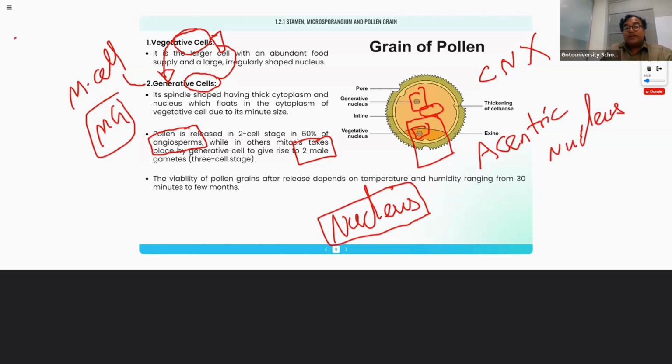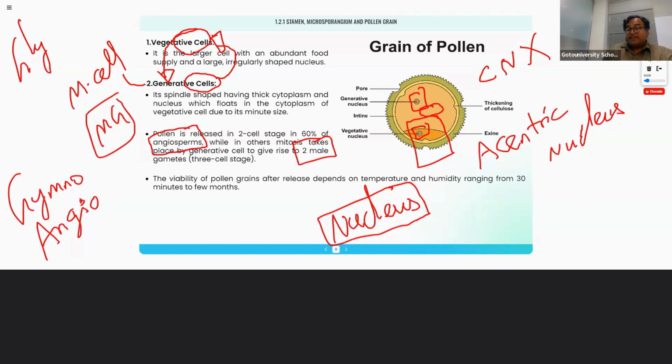I can use it for gymnosperm and for angiosperm. For gymnosperm and angiosperm alone can I use the word pollen grain. I can't use it for other things, right? So be very careful. The word pollen grain can be used only for two divisions: one is gymnosperm, another is angiosperm.